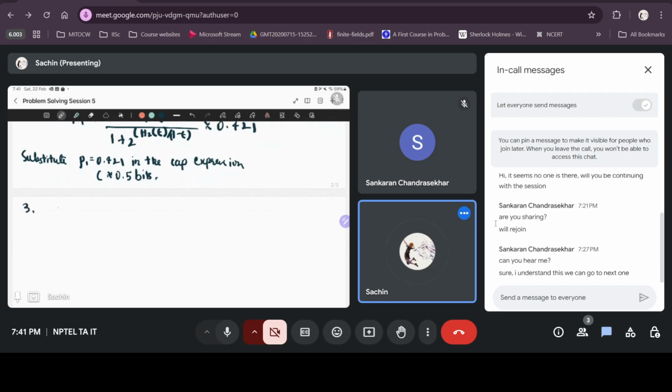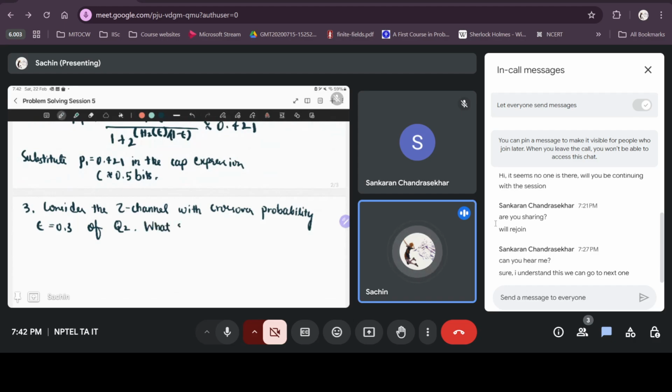Question 3. Consider the Z channel with crossover probability epsilon is equal to 0.3 of question 2.